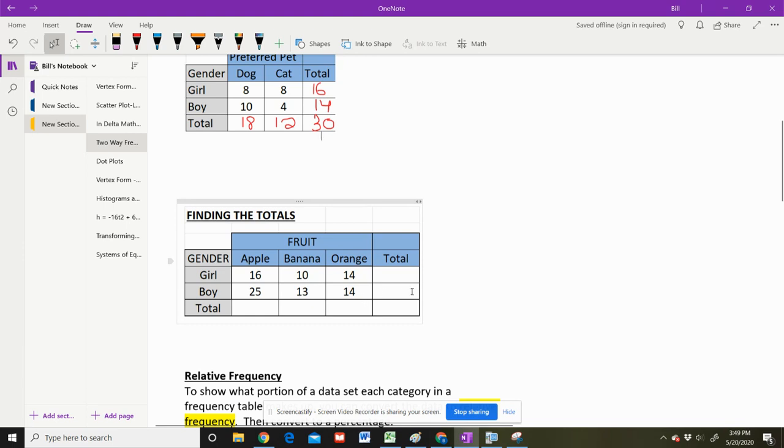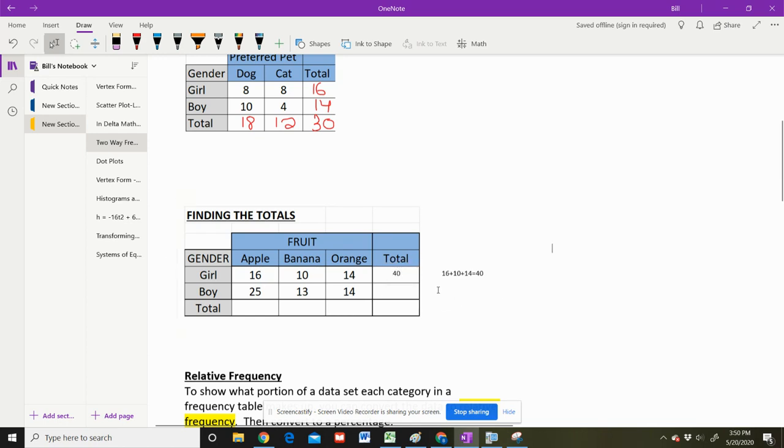Now we just need to add up our totals. When we add it up, 16 plus 10 plus 14 equals 40. So we know that we have 40 in here.